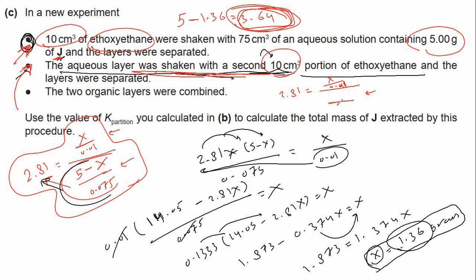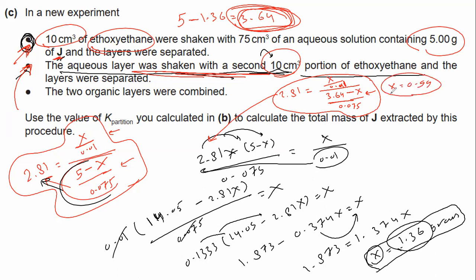It will be the volume here, 0.075. And look, we have the remaining in water, 3.64, and the new amount that will go to the ethoxyethane layer, which is X. You will do the same thing exactly we did in this question, the same math, and you must end up with X equals 0.99.